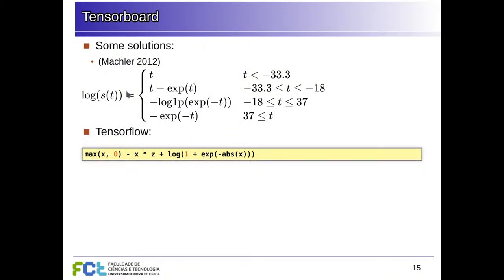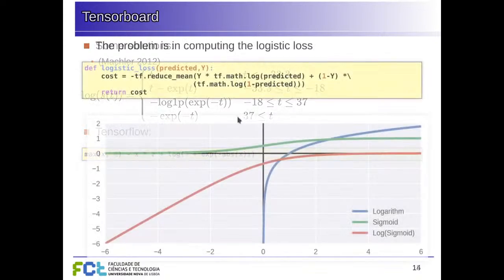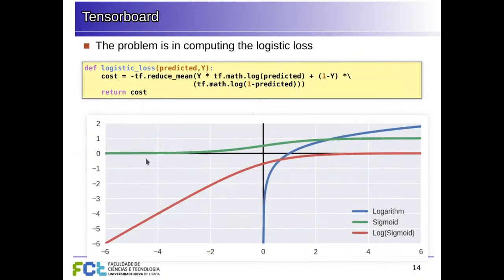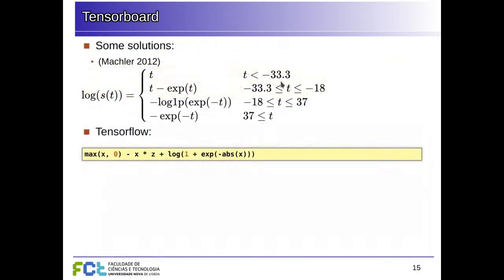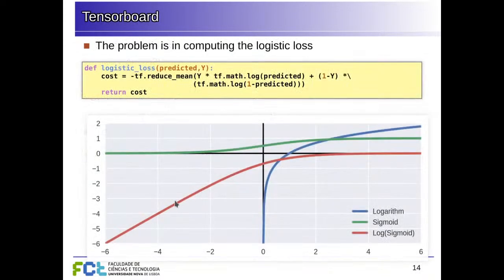So there are solutions for this. For example, this solution by Mächler in 2012 was to compute the logarithm of the sigmoid activation in this way. If the value t that we input in the sigmoid is very low, so below minus 33.3, we just output the value t. So it's this linear part here that we presume is going always in a straight line forever.